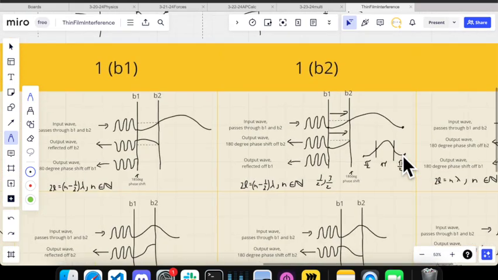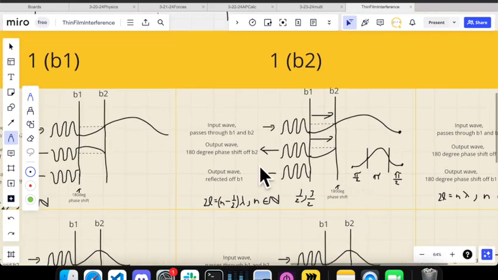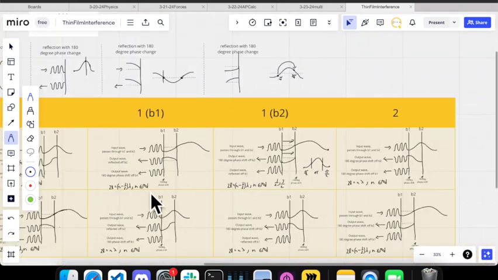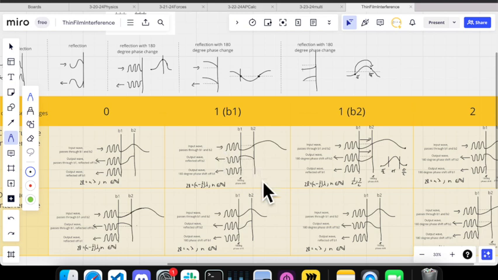All right. So that's the constructive interference case, which again, you see we're alternating between these two formulas, whether we want the gap to be half of a wavelength, or some number offset by a multiple of a half, or just straight up a multiple of the wavelength.